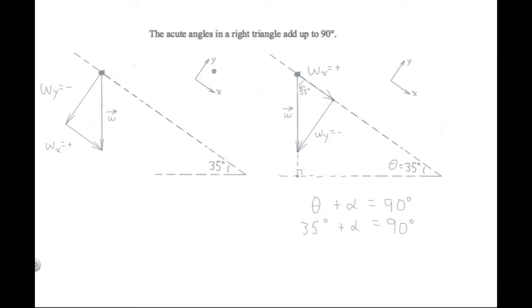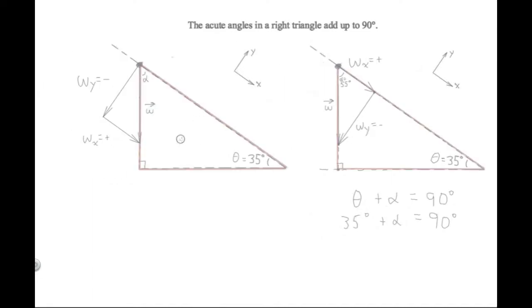Well, first we will use the same trick that we used over here. We need to extend this line across and extend this line down to make a large right triangle. Okay, so now by extending those lines across, we've created a large right triangle, which I've outlined in red.